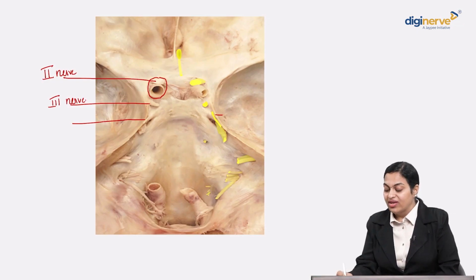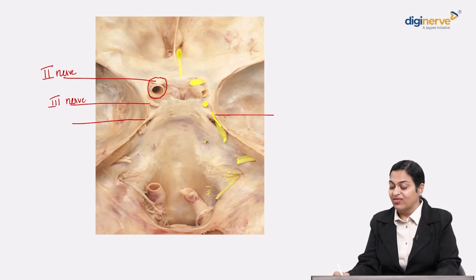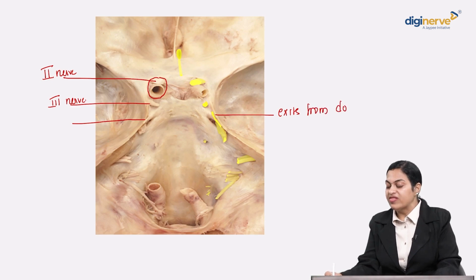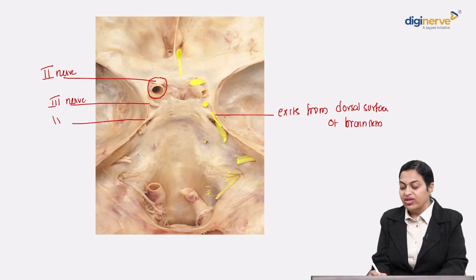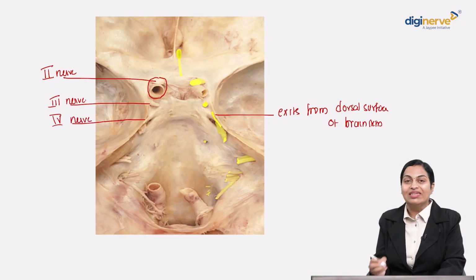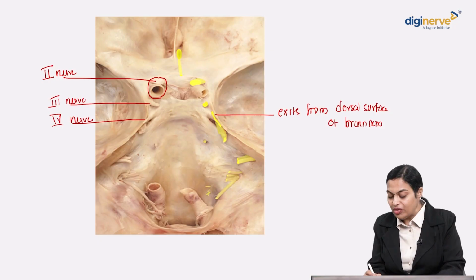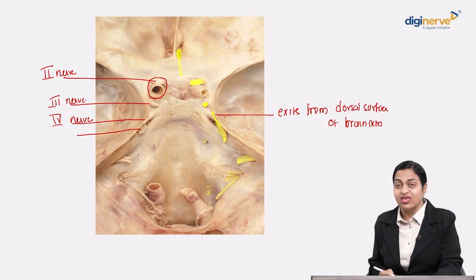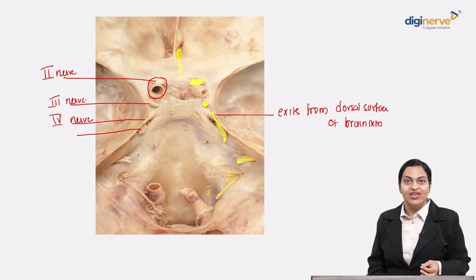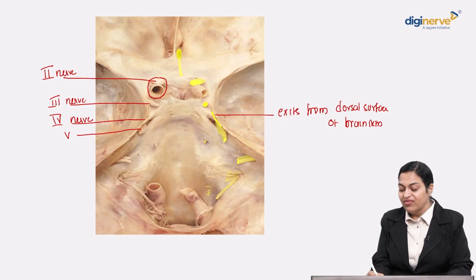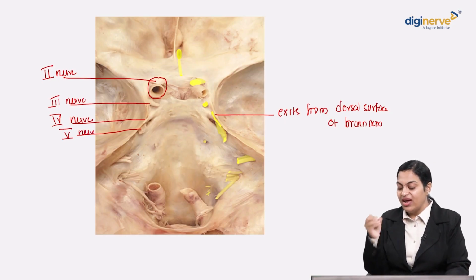Not only that, this is the only cranial nerve that exits from the dorsal surface of the brainstem: the fourth cranial nerve, the trochlear nerve. And as I told you, this one you can never make a mistake: the thickest of all the cranial nerves, the fifth nerve, the trigeminal nerve.